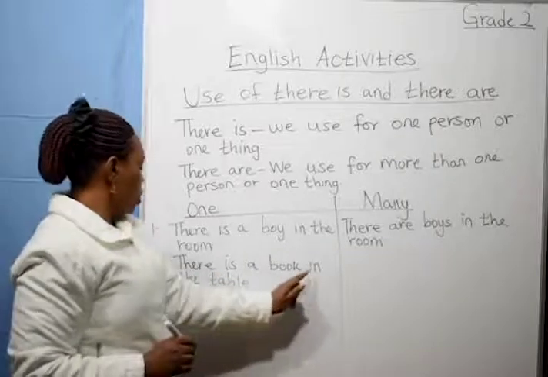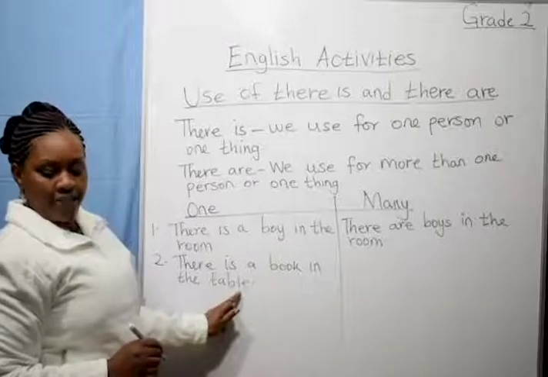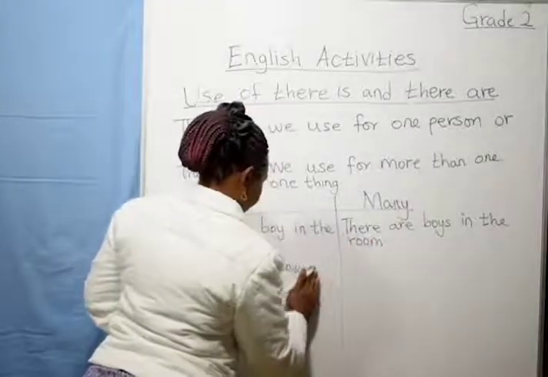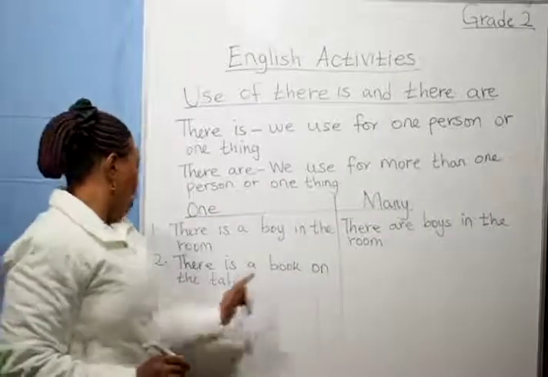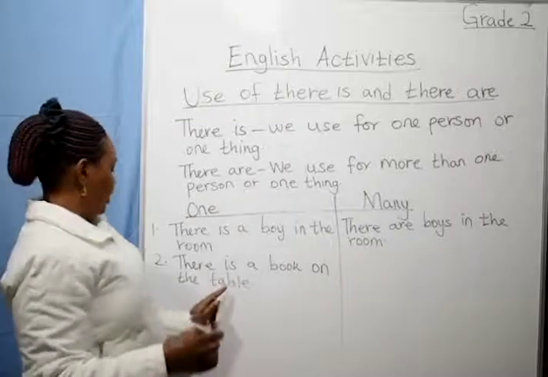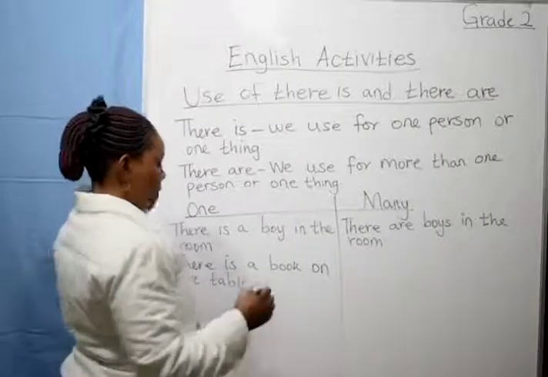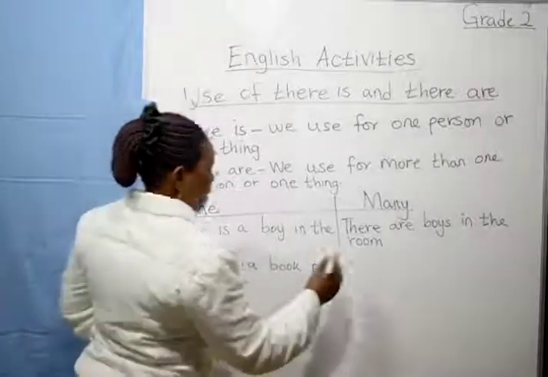When there are many, you say there are books on the table. Now, when there are many, you say there are books on the table.